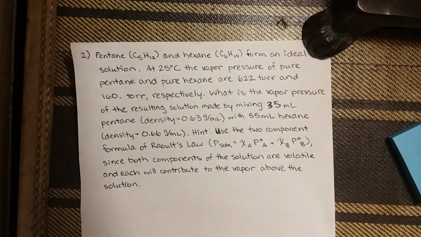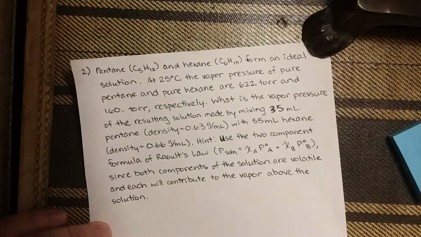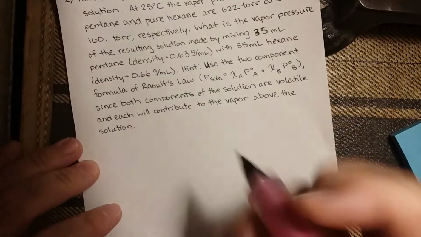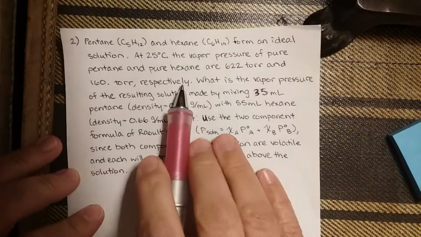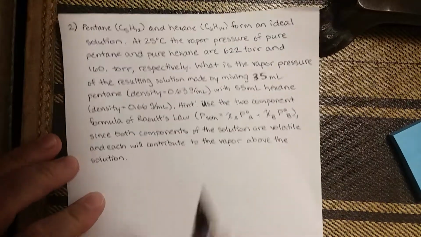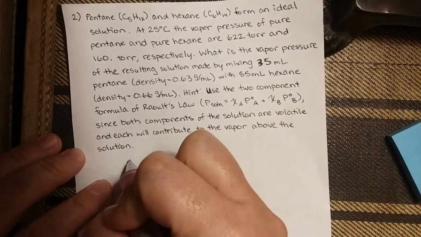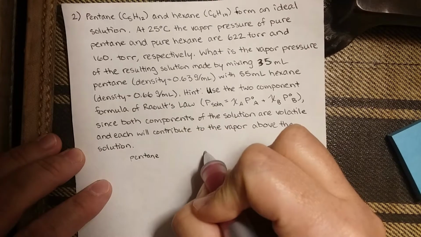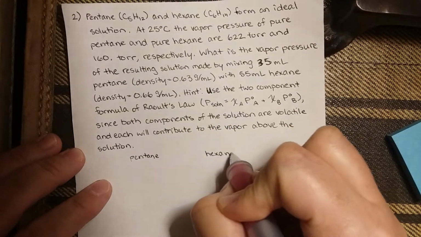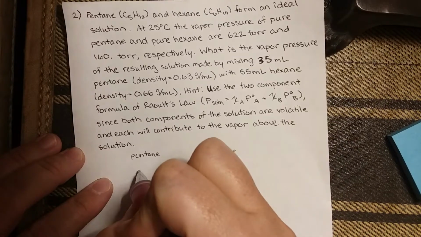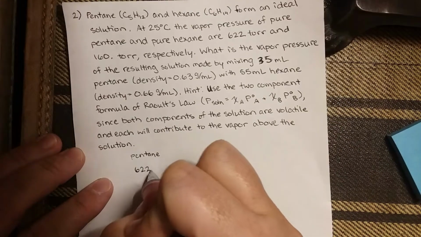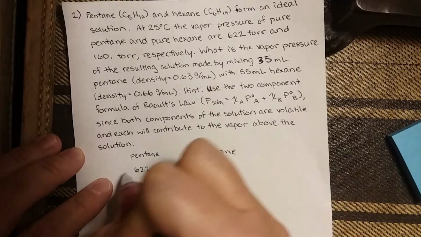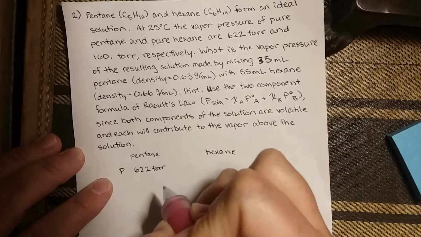Okay, so we've got a few steps that we're going to use in order to do this. First things first, I'm going to read and list what they've given us. So we've got pentane and we've got hexane. For pentane, they told us 622 torr was the pressure.